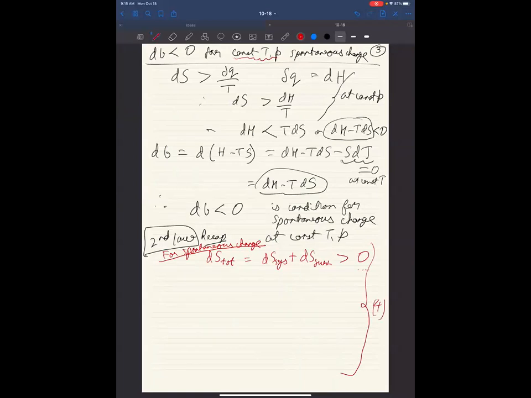When we don't want to talk about surroundings, then we can just talk about ds system. In that case, it is more than delta Q by temperature, and we have gotten rid of surroundings. Yet another equivalent statement is that dA is less than 0 if you have a constant temperature and volume process. It's not going to be true in general.